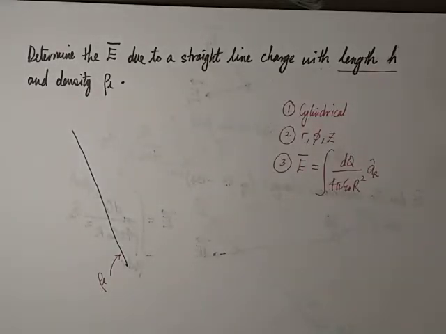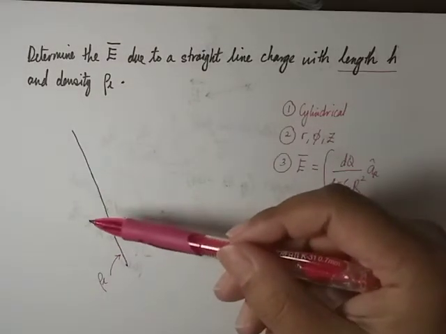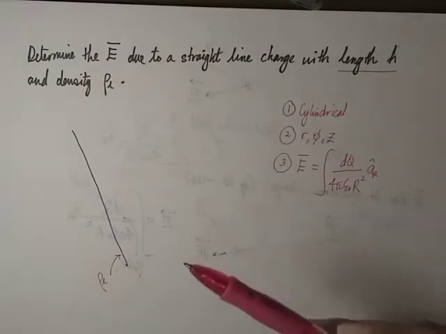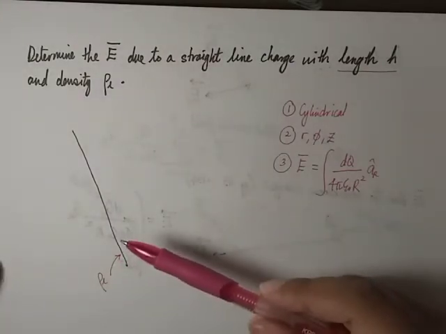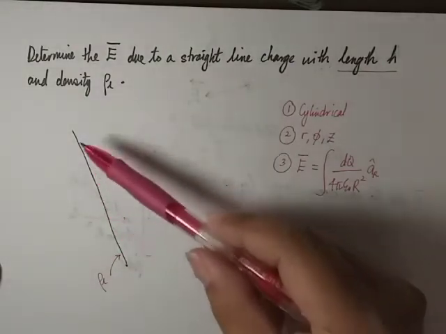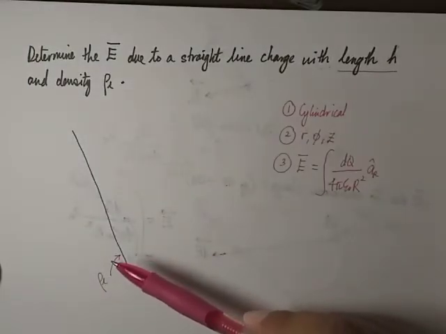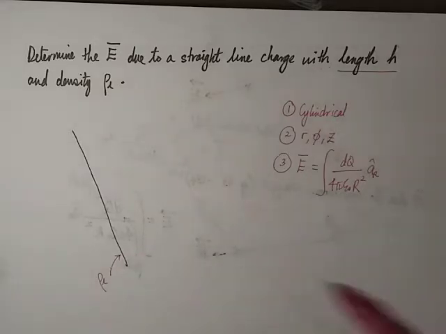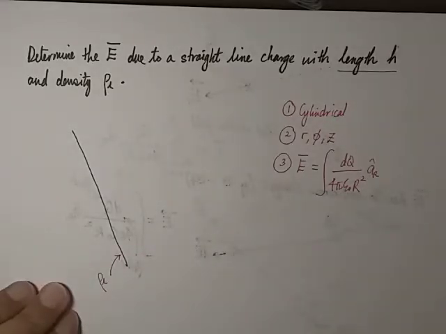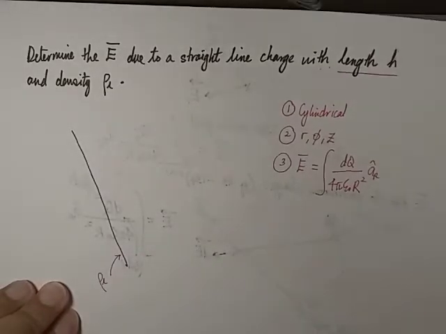Those are the three steps I'm going to go through with you to solve this simple problem. And from the video that I attached regarding the application of this particular structure, you can see it can be used as the lightning rod for protection of buildings from lightning. That's one of the applications that we can relate.